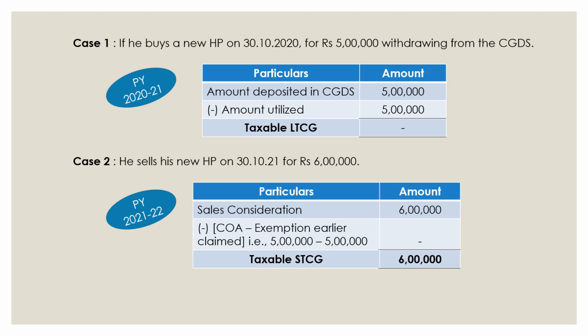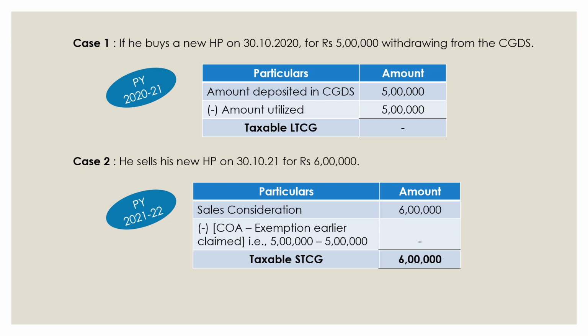So the sales consideration for the new house is 6 lakhs and the exemption earlier claimed is taken back. So how do we take back the exemption earlier claimed? You reduce it from the cost of acquisition. Now what is the cost of acquisition? See, in case 1 we know that he buys the house for 5 lakhs. So the cost of that new house is 5 lakhs. So here in case 2 you have to bring in that cost of acquisition. So 5 lakhs minus the exemption earlier claimed.